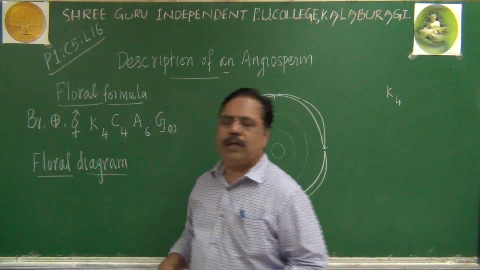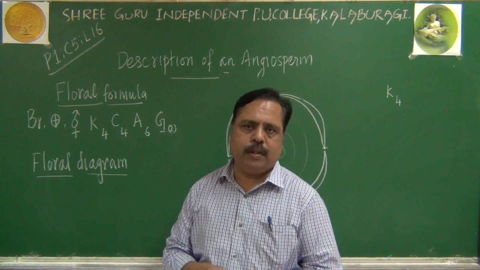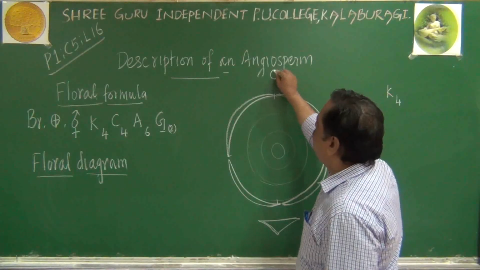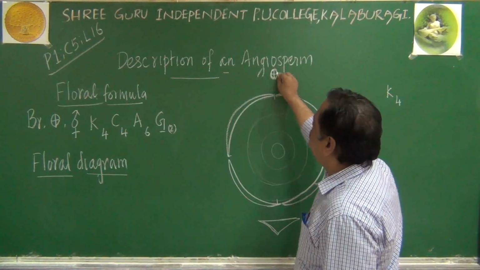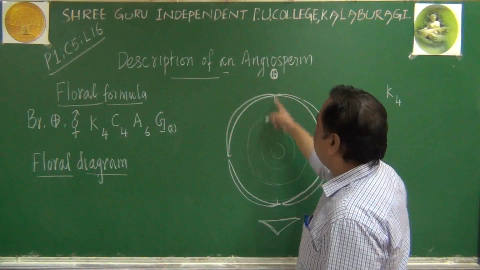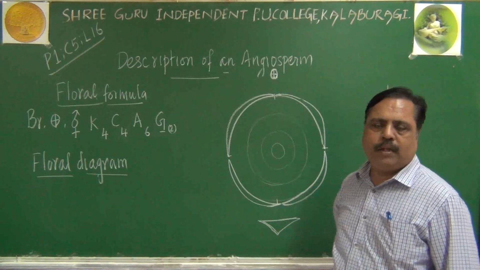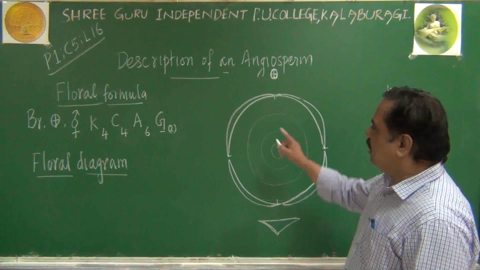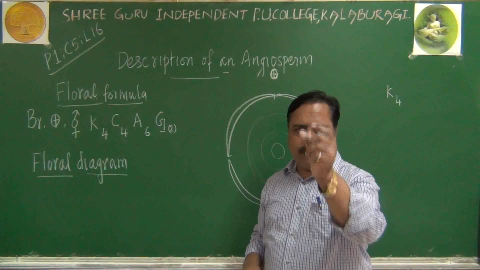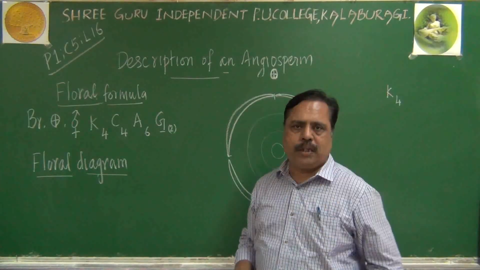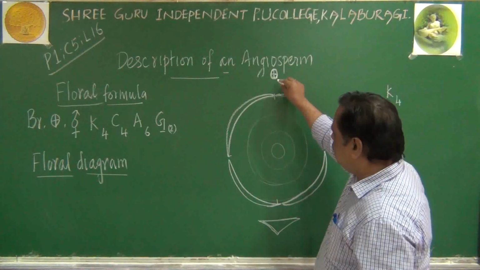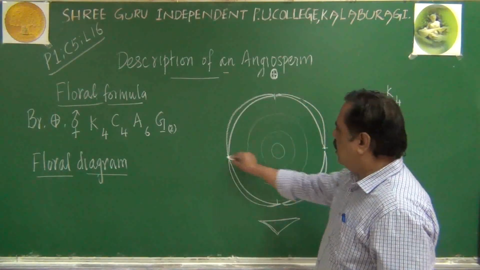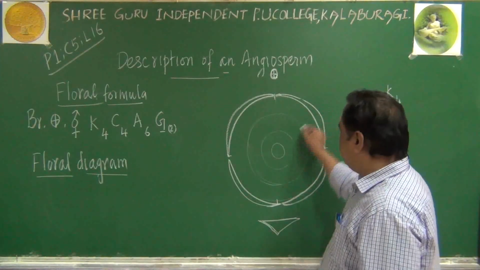It is actinomorphic, as we have seen. For an actinomorphic flower, at the top here, you put one symbol like this, a plus mark, which indicates an actinomorphic flower. Actinomorphic means radial symmetry. Radial symmetry means in a vertical view, it will give you 2 equal parts in more than one plane, either this way or like this or here also.